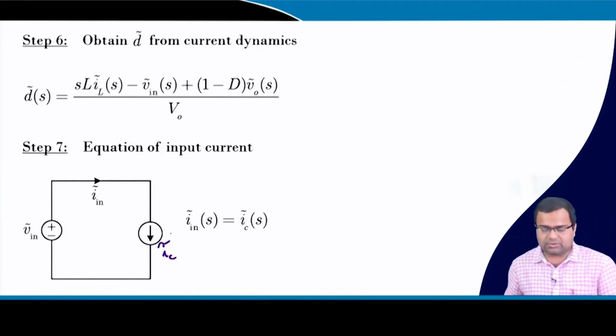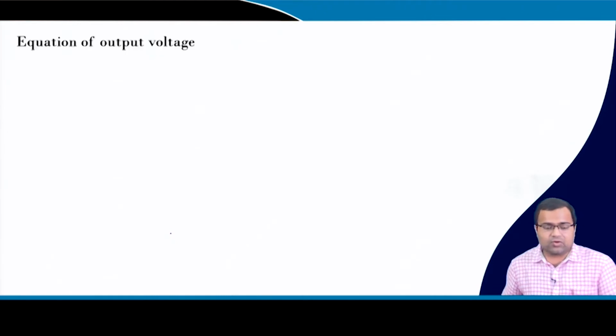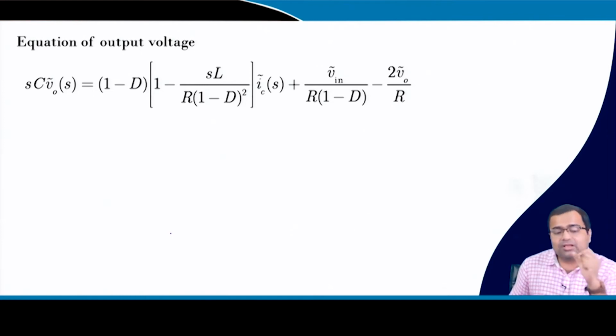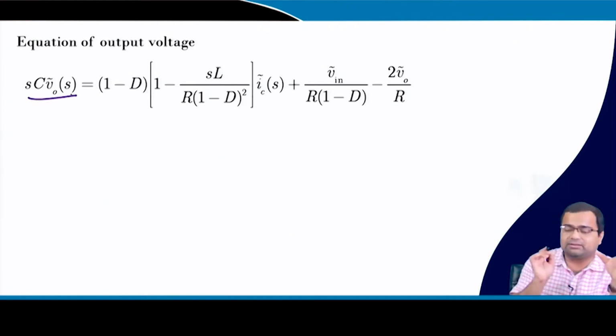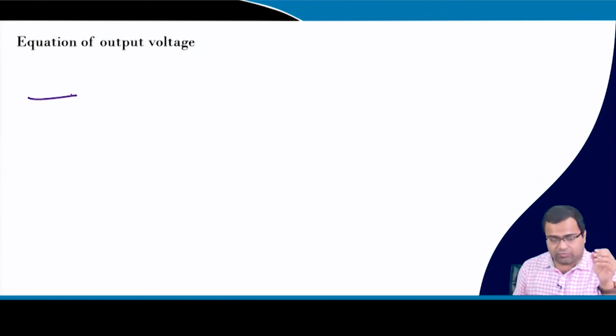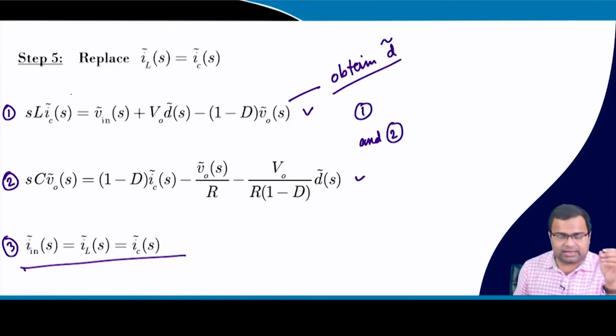Then next, we want to write the equation of the output voltage. What is that? For the output voltage we have an equation, and initially there was a duty ratio term, right.